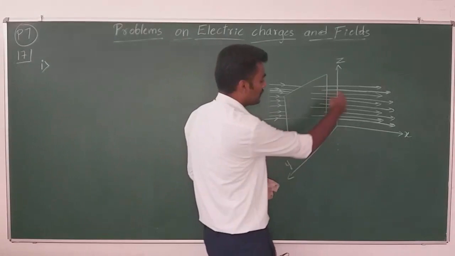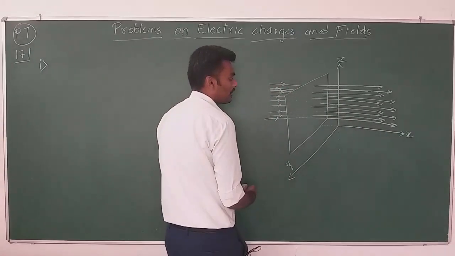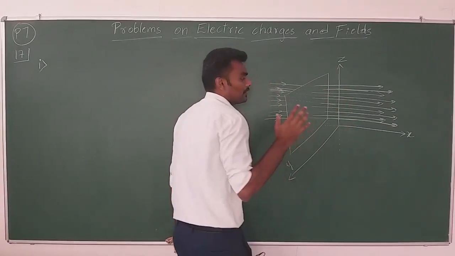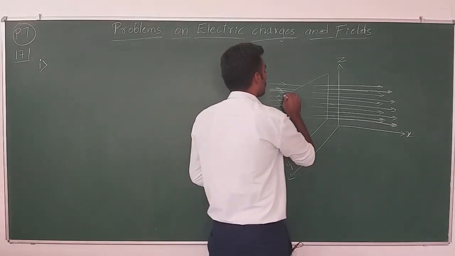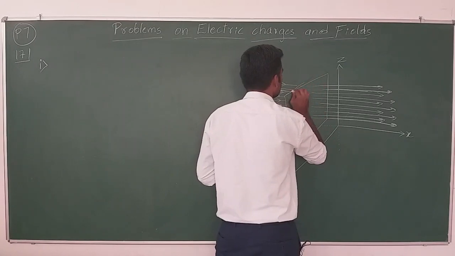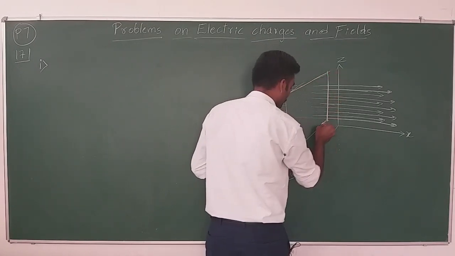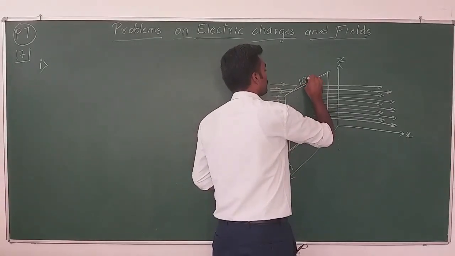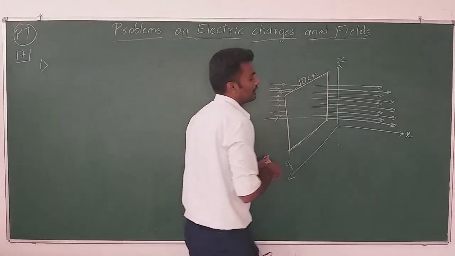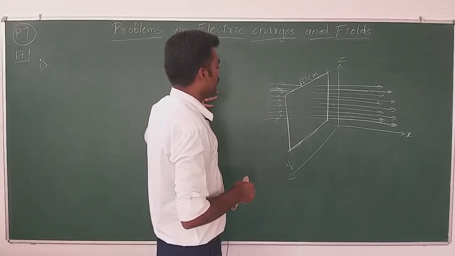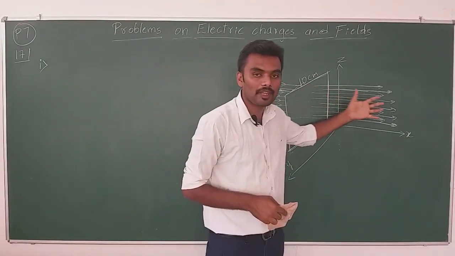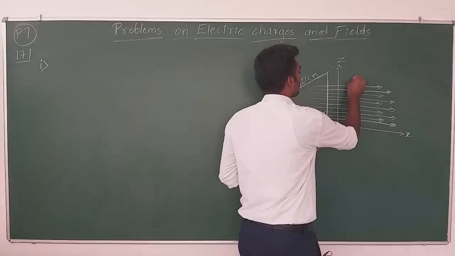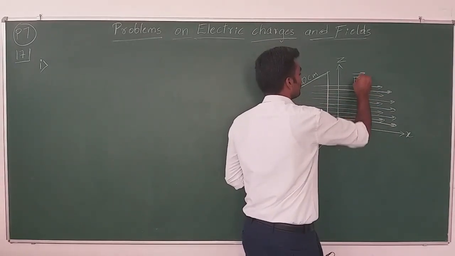This is how it looks like. Here you have three-dimensional space represented, x, y and z, and we have a square of side 10 centimeter. Okay, and the electric field set in this space is along x axis like this. So this is the direction of electric field.